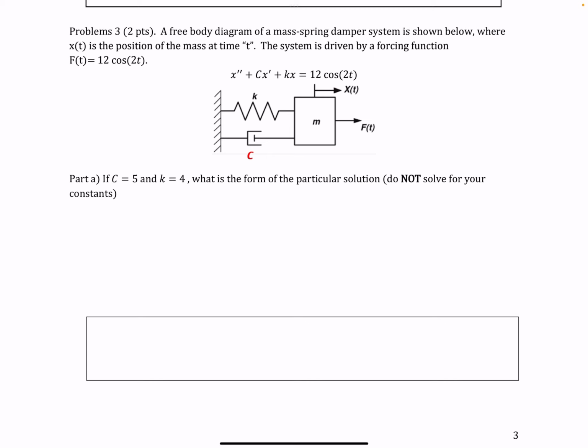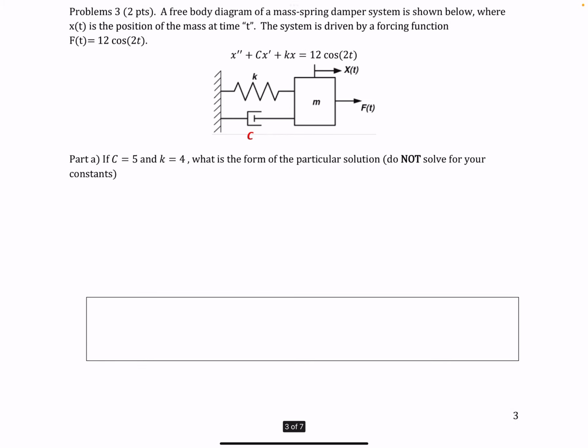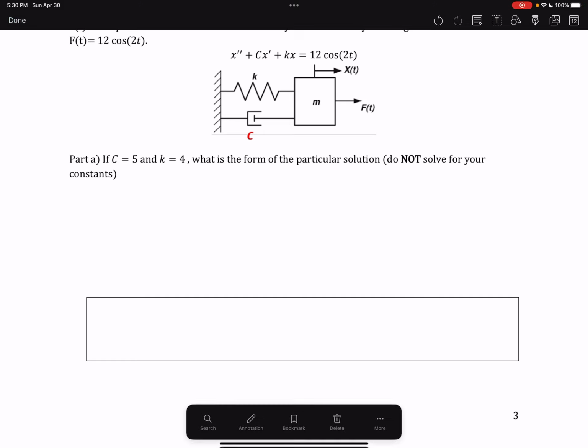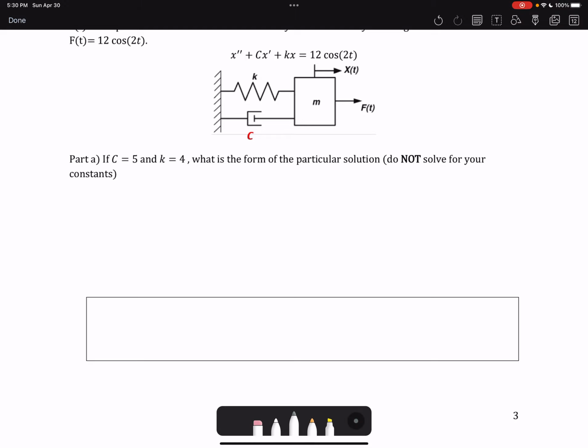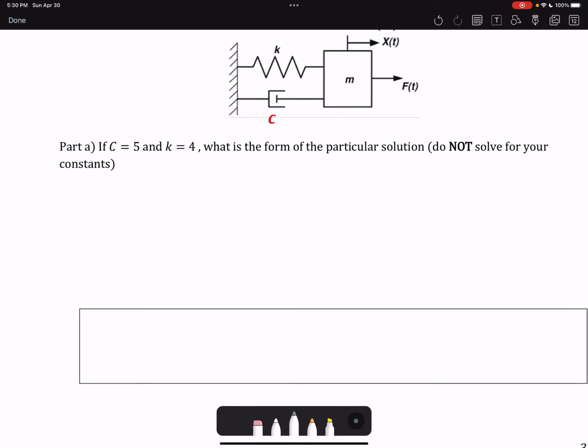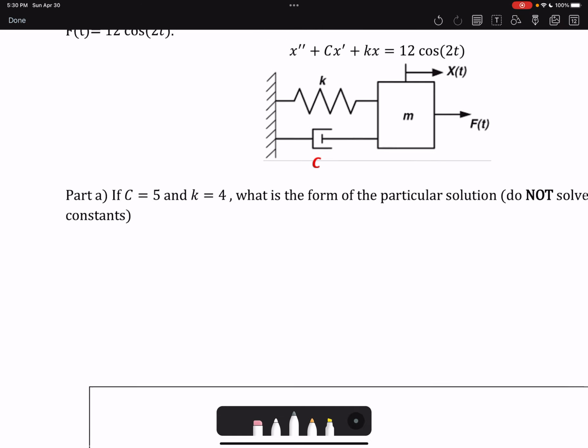Okay, so part A says c is equal to 5, k is equal to 4. What is the form of the particular solution? Well, there is one little thing that I am worried about.